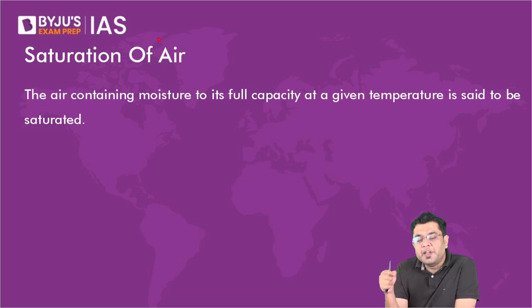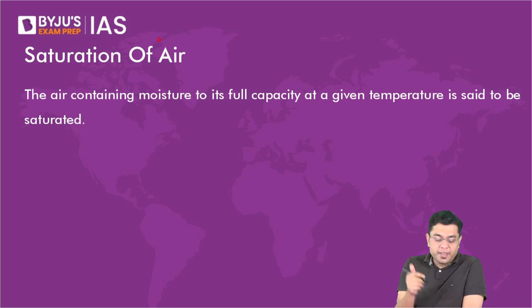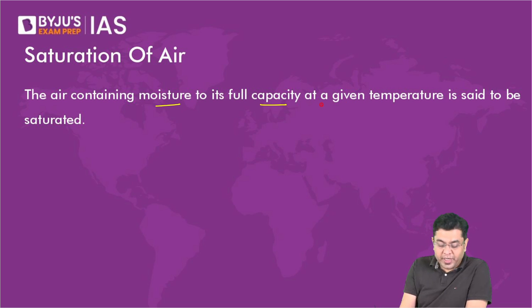Similarly, when the air is holding as much moisture as it can carry, that is when we say that the air is saturated. So air containing moisture to its full capacity at any given temperature is said to be saturated. Whenever the air is saturated, what will be the relative humidity?